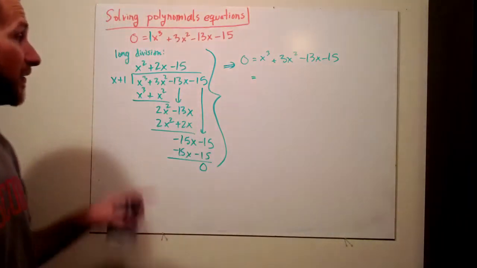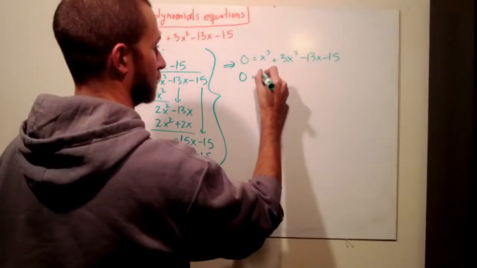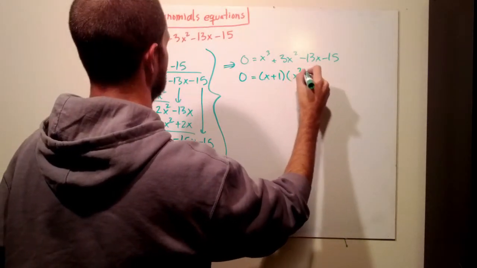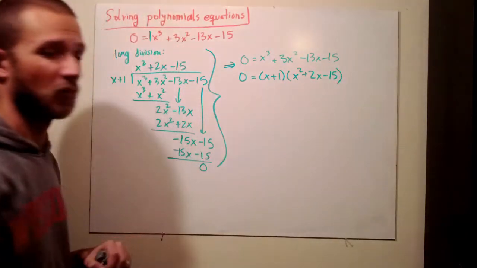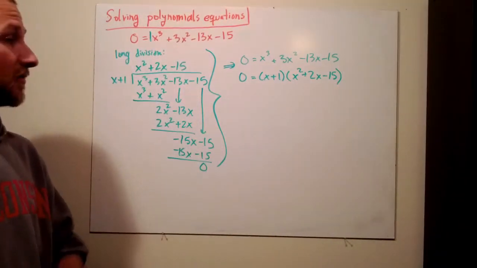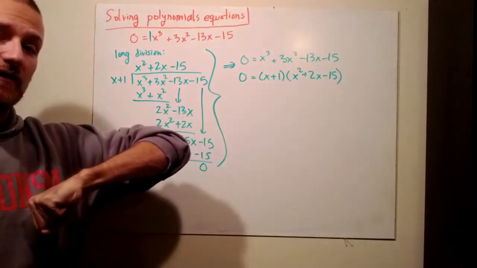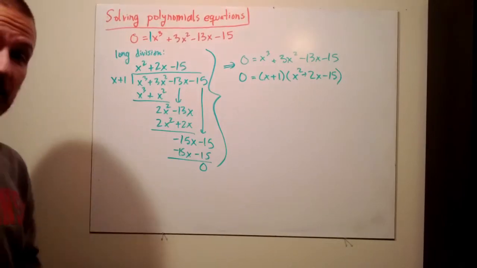I can rewrite that as these two factors multiplying each other. So either this factor is equal to 0 or that factor is equal to 0. Now I look at that and I see a quadratic. I think maybe I can factor that right away.